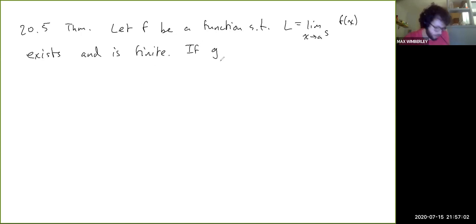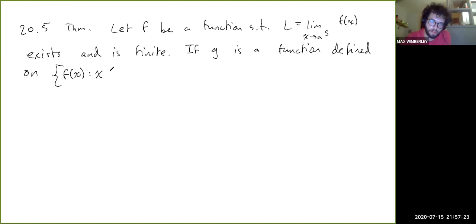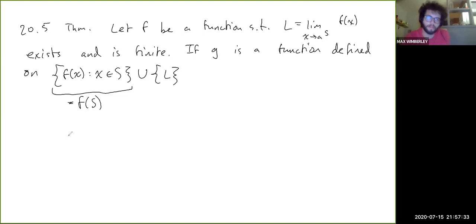If g is a function defined on f of x such that x is in S union L, which we like to write as f of S. Of course, we don't know if f actually achieves the value L anywhere in S. That's just the limit. But we need g to be defined there for the purposes of this statement.